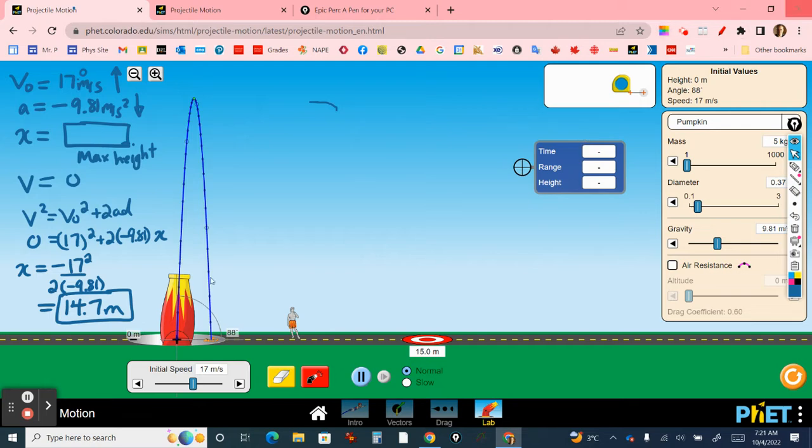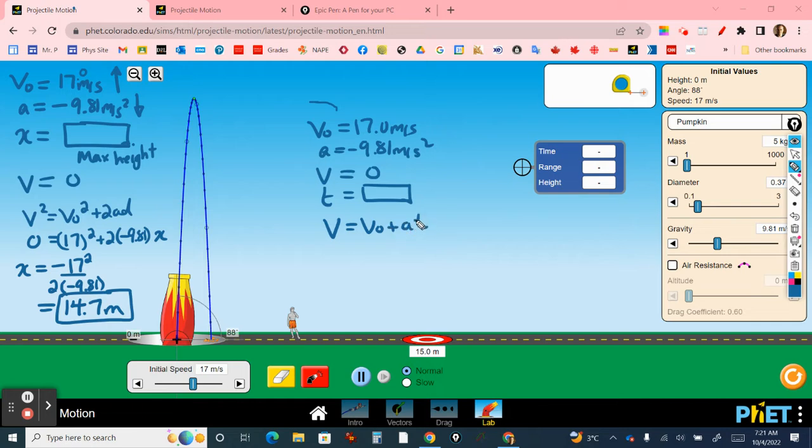Here, I know that my v0 is 17 meters per second. My acceleration is minus 9.81 meters per second squared. My final v is 0. I want to find out what is the t, and now I can use v equals v0 plus at.